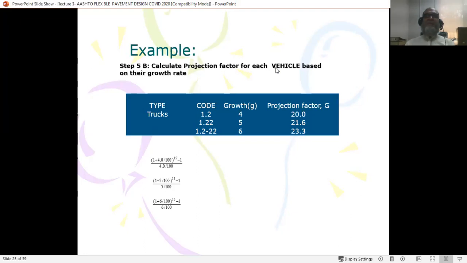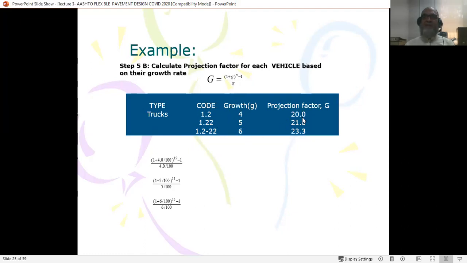Now we calculate the projection factor. For a growth rate of 4%, we'll use this formula. 1 plus 4%, means 4 upon 100, like here. The design life we were required is 15, so n is 15 here, so write 15 minus 1 divided by g, 4 upon 100.